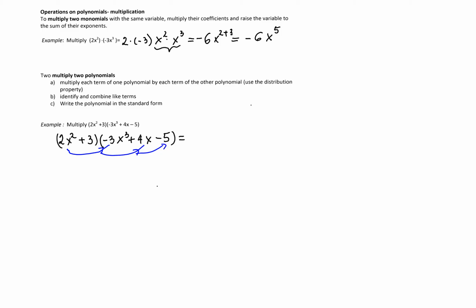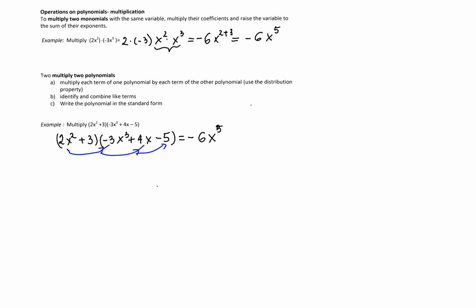Since we'll be multiplying basically two monomials in each step, we'll use the fact that to multiply two monomials, we multiply the coefficients, and we repeat the x, and the exponent of x is going to be the sum of the exponents. So this is going to be x to the fifth.